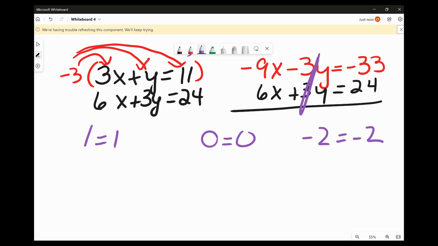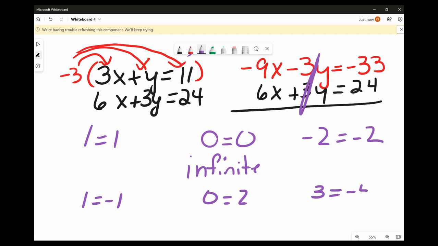If there's no variables left and you're just left with numbers that equal each other, you should say infinitely many solutions. Okay? Now, sometimes there's no variables left, but the numbers don't match. Okay? When the numbers don't match, that's going to be a no solution.